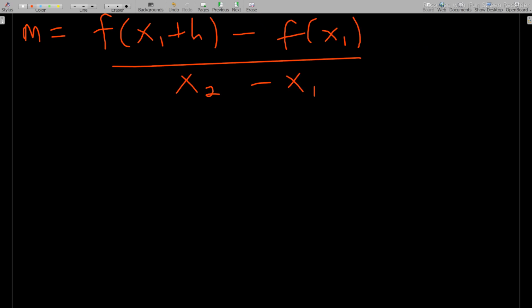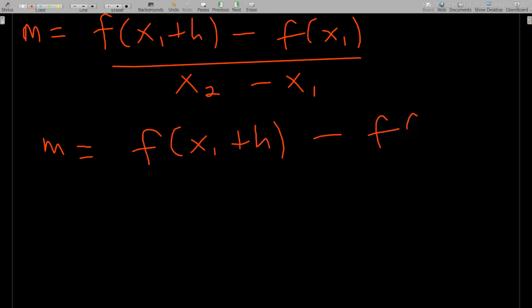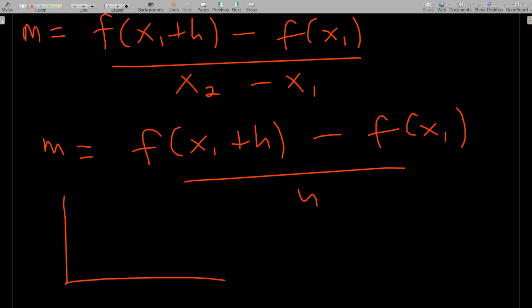So m will be equal to f of x1 plus h minus f of x1, over h. The graph was supposed to be like this: x1 is here, f of x1 was there, and f of x1 plus h was there.